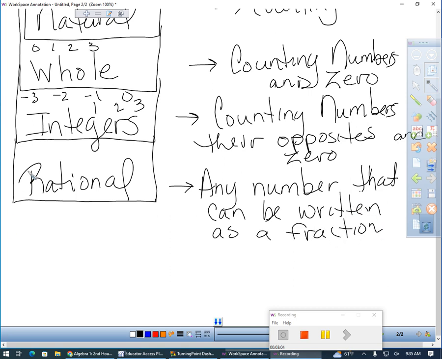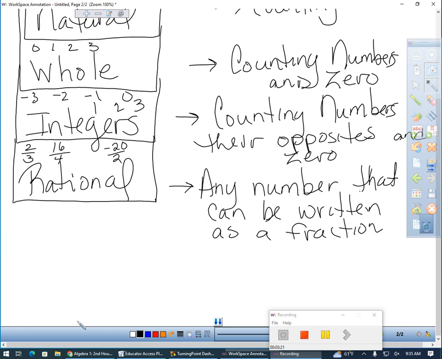So we can have 2/3 as a rational number. We can have 16 over 4. That's a fraction, but what number is that actually? 4, exactly. I can have -20 over 2, which is actually -10, but because I can write it as a fraction, it's a rational number. So if I have something that's a natural number, it's everything else as well.